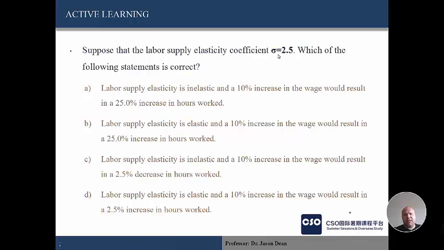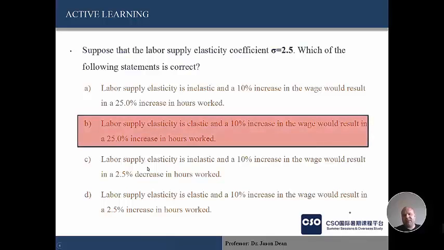Now since this is greater than 1, we also know that labor supply is elastic. So that rules out A, and it rules out C as well. And we also can rule out D because it says 2.5%. So we know that the correct answer is B.